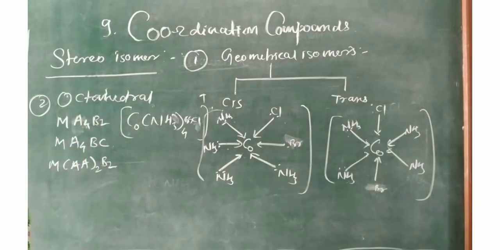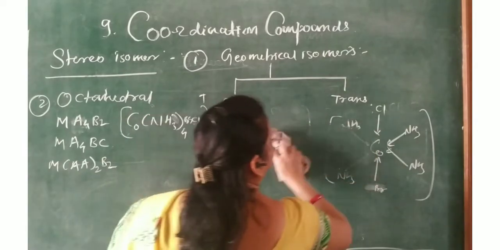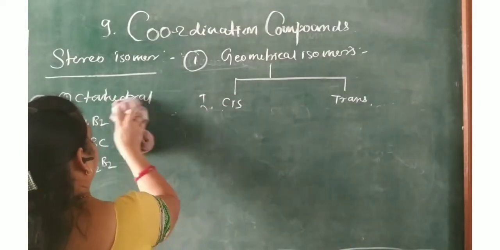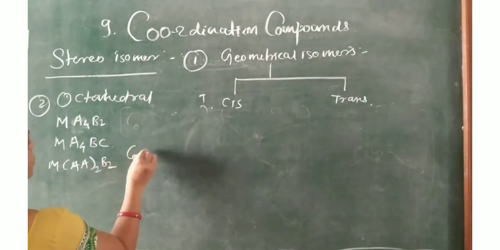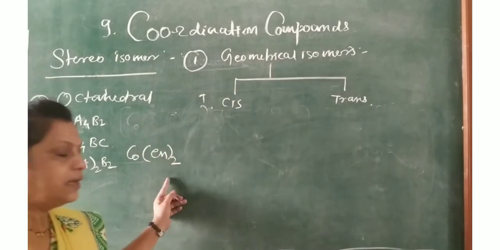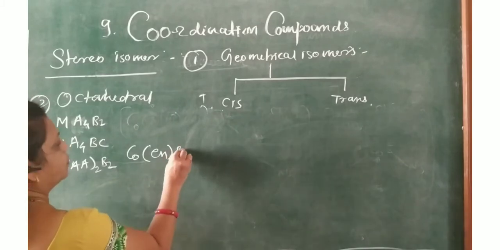Next one, that is Ma2B2, means here bidentate ligands. If bidentate ligand is present, then here Co(en)2, what is en? En means ethylene diamine, and Br2.